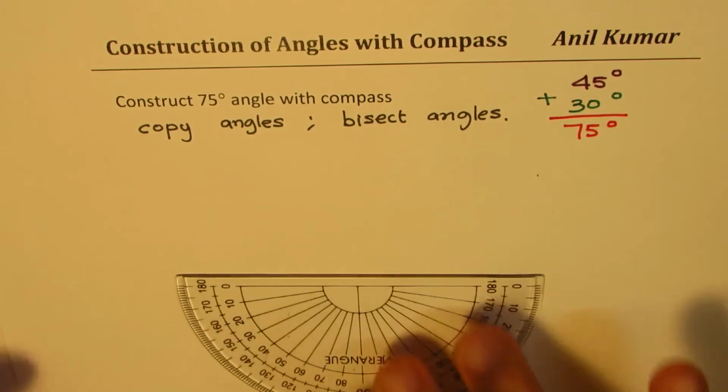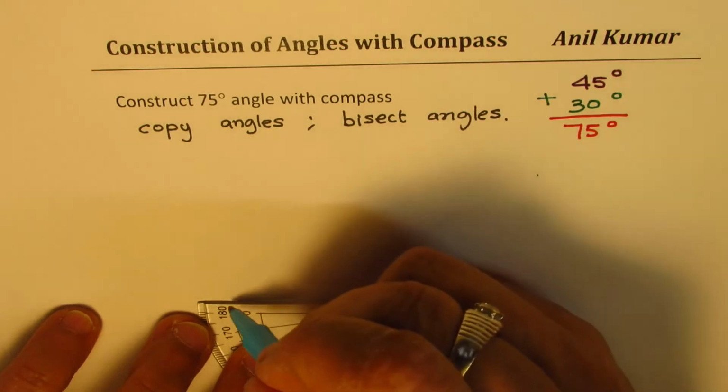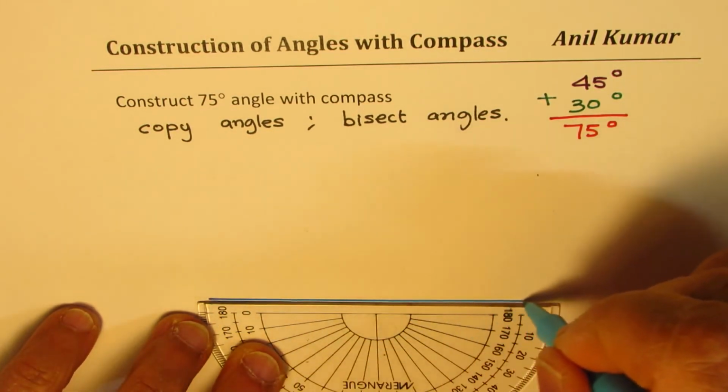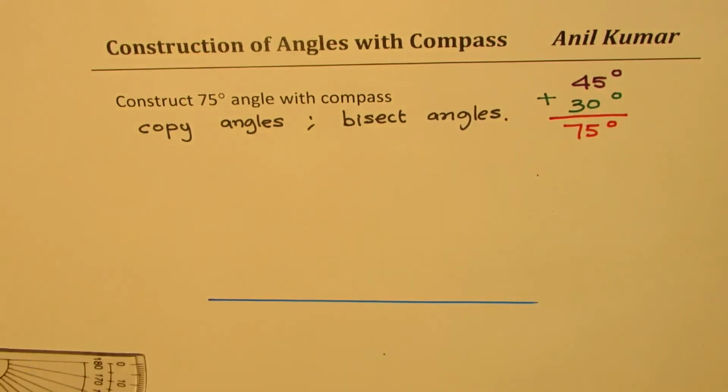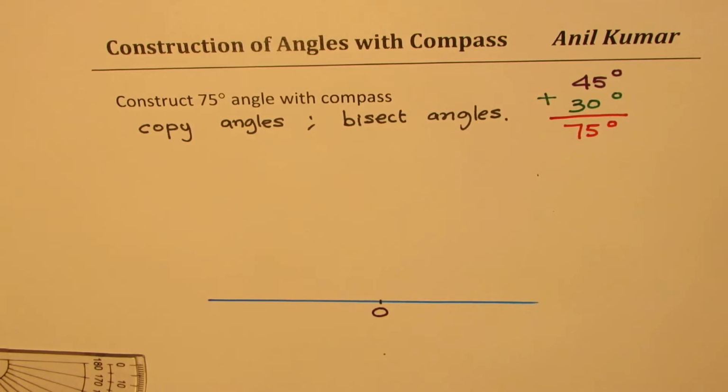So we'll begin with our straight line, and you know straight line means 180 degrees, correct? That always helps to start off the construction when you're doing with compass. So let's mark this point as O somewhere in the center of the segment. And now using our compass, we are going to create 45 degrees.